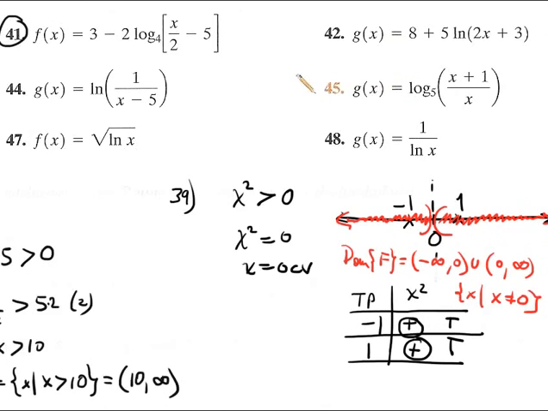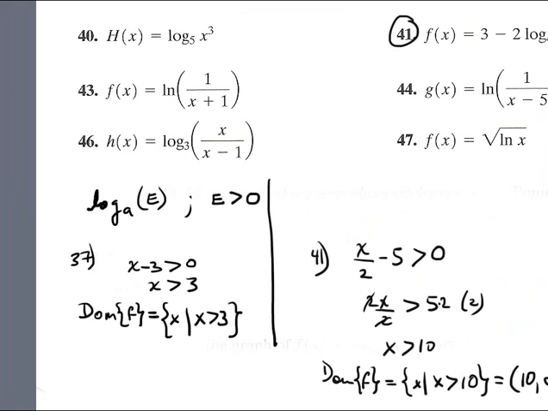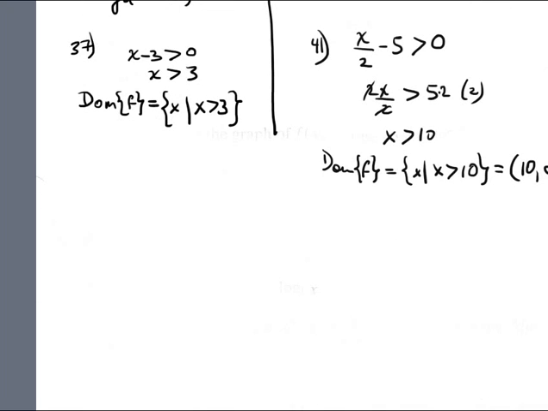Now 43 is here. You take the expression inside the logarithm. I don't care about the base. It's 1 over x plus 1, greater than 0. In this case, you apply rule number 4 of inequalities.